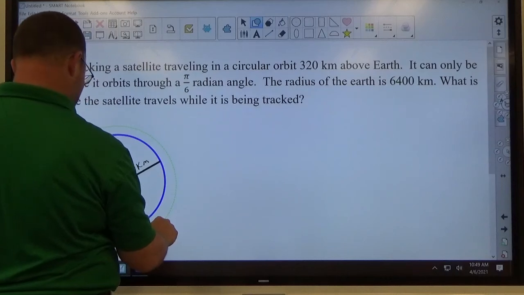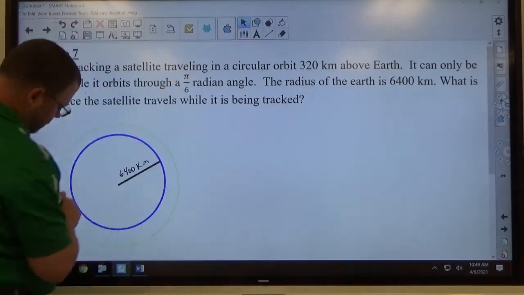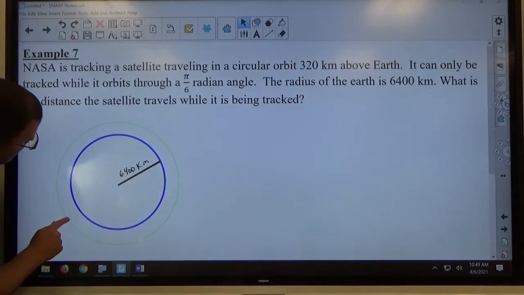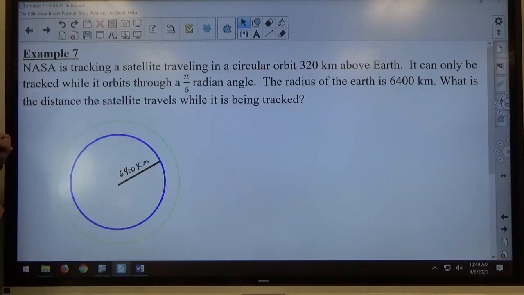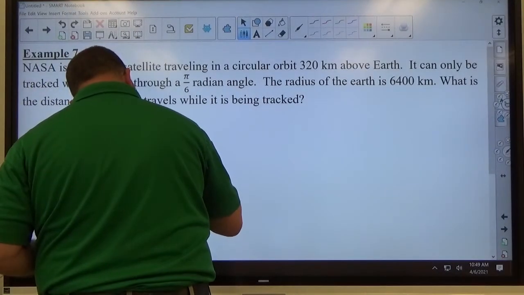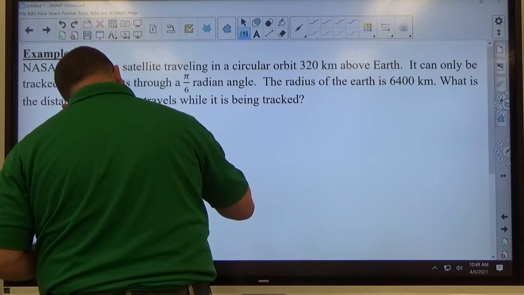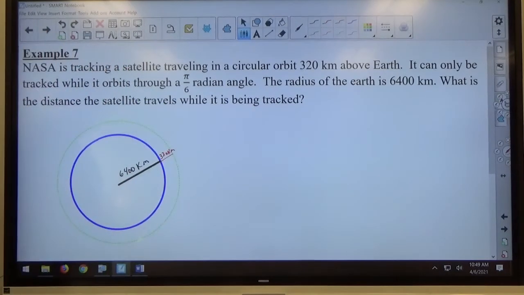That's not bad. Off by a little bit. So there's our satellite orbiting the Earth. And we know the satellite is positioned exactly 320 kilometers above the Earth. So that's how long that is, right?